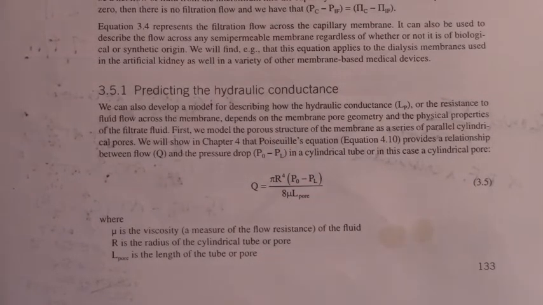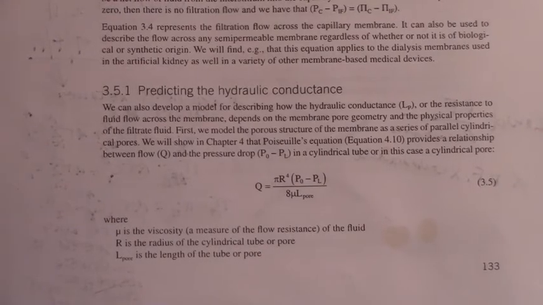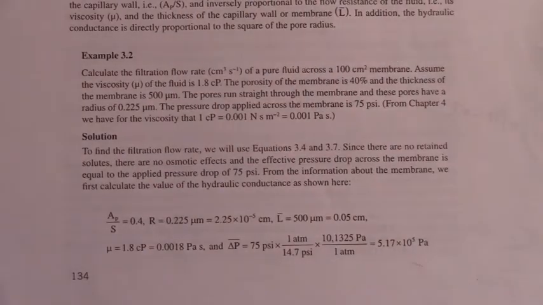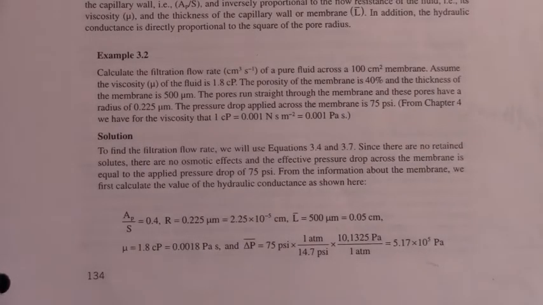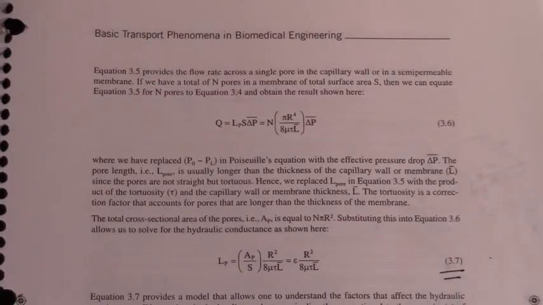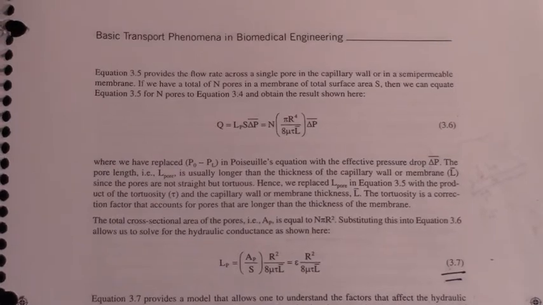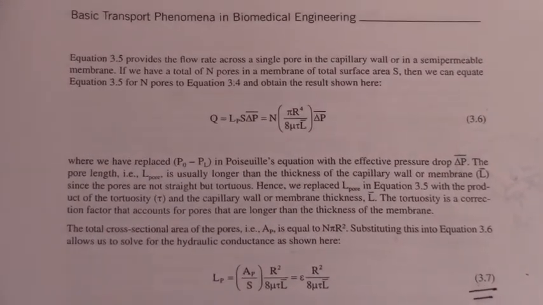If you're involved in the design of something, you're going to know those quantities. So we use the Hagen-Poiseuille equation and multiply it by the number of pores in our membrane, and that tells us the total flow across the membrane. That's what's illustrated on the next page.